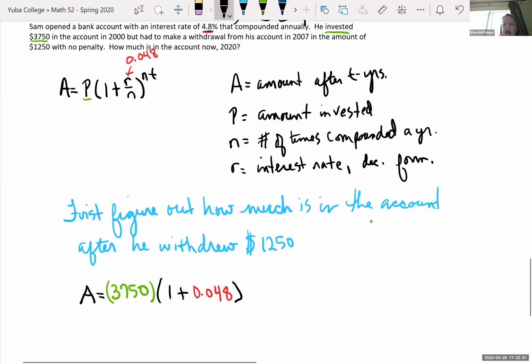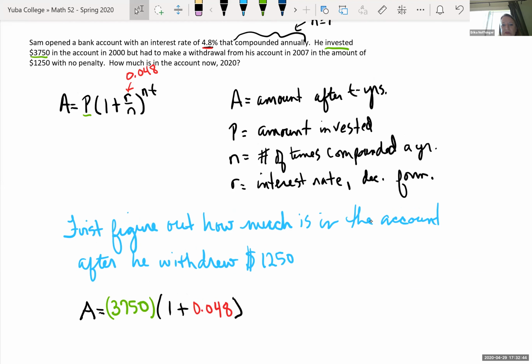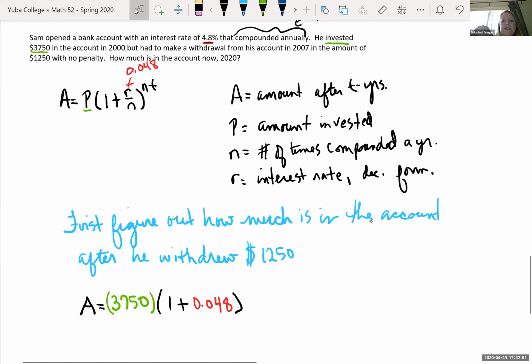And we have to figure out how many years it was in the account. Well, from 2000 to 2007, it was invested for 7 years.